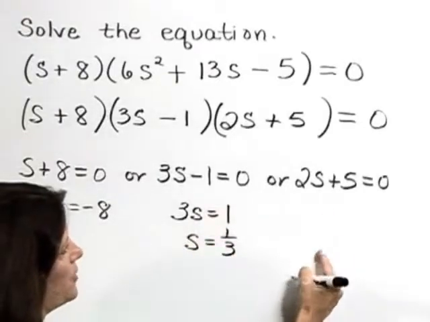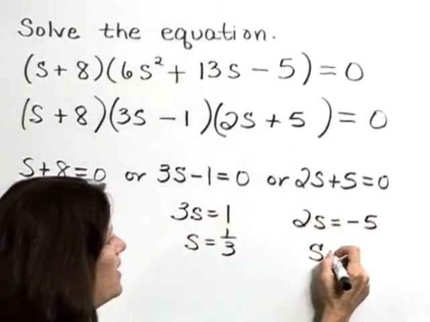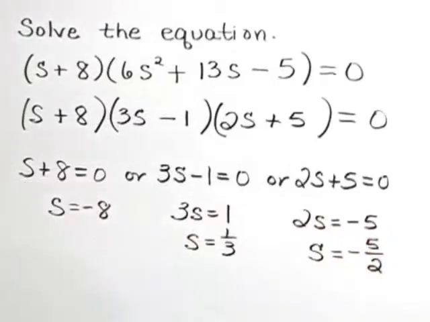With our last linear piece, 2s = −5, or s = −5/2. Checking these solutions will verify that they indeed work in the original equation.